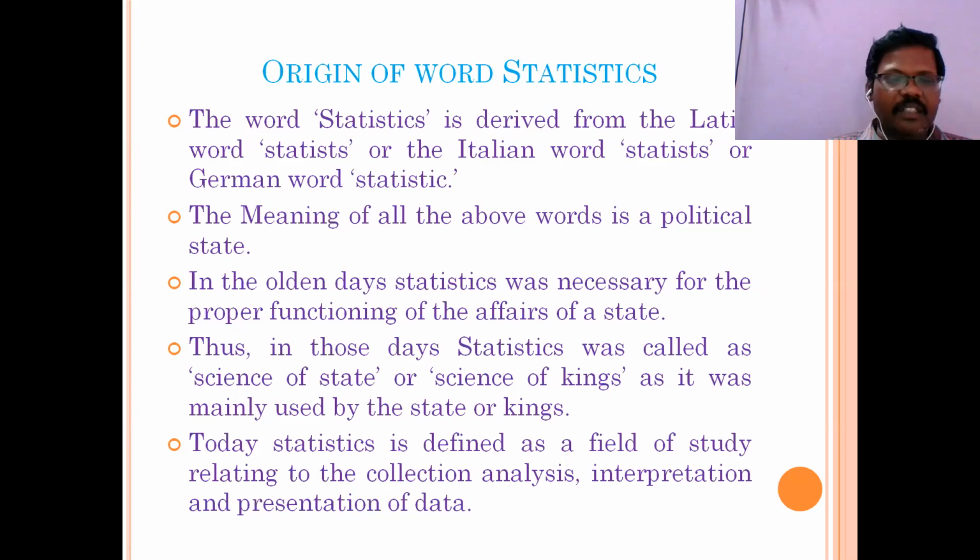So almost the same word is used in Italy and in Latin, but in German it is called statistik. Whether it is an Italian word, a Latin word or a German word, whatever it may be, whether statistic or statistics, the meaning of the above words is political state.